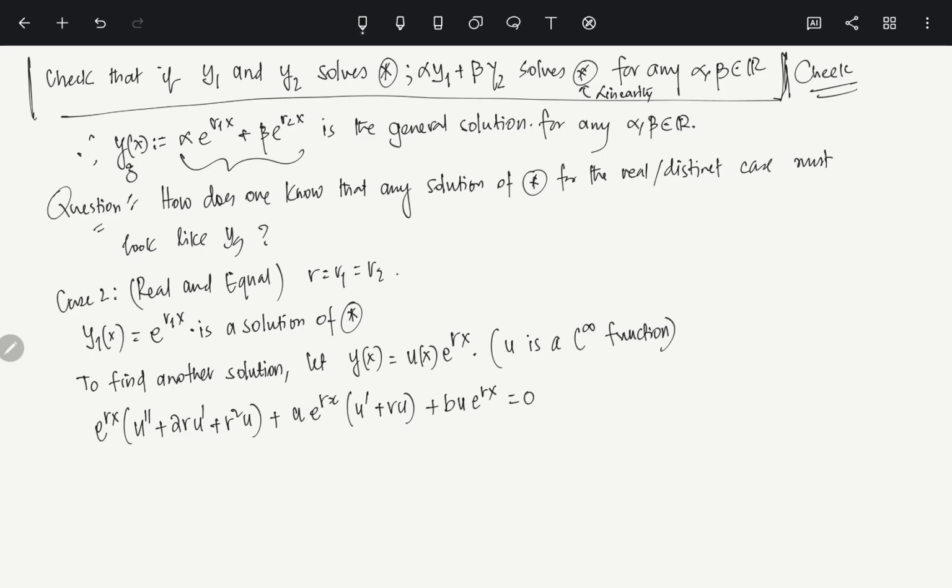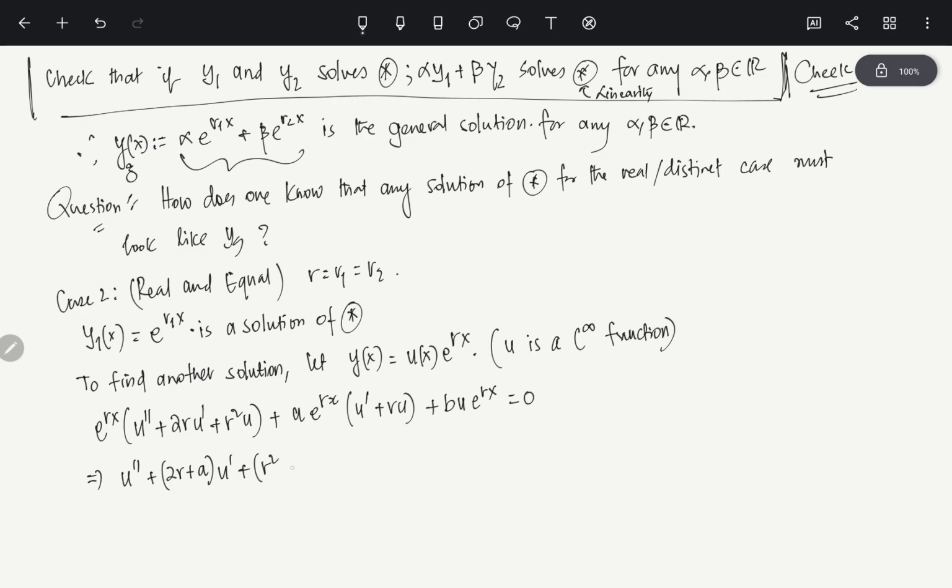Now you can rewrite this and it will look like this: u double prime plus (2r plus a) u prime, plus (r square plus a r plus b) times u equals 0. Since e power r x is non-zero, we can just throw it out.